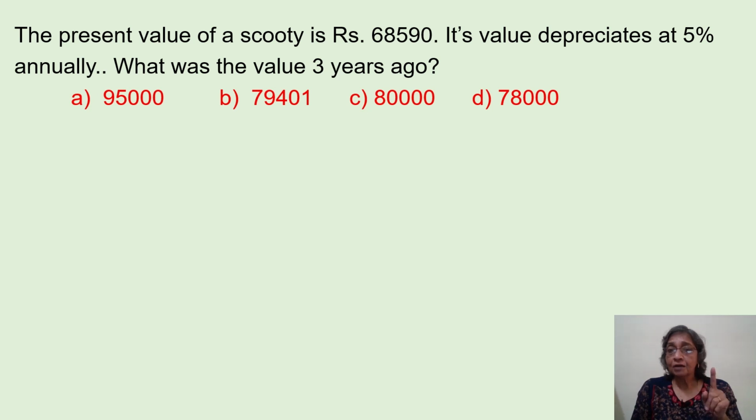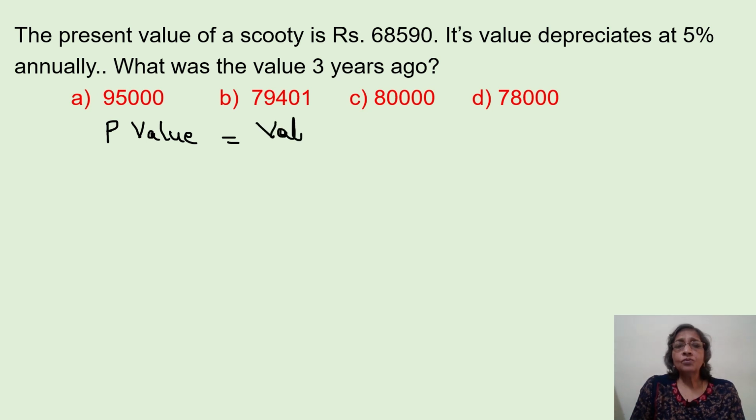The first thing which comes to your mind, since it's a depreciation, if the value is 68,590 today, that means 3 years before the value is more than what it is today. Okay? So in this case, what do we take? We take the present value equal to the value before 3 years.